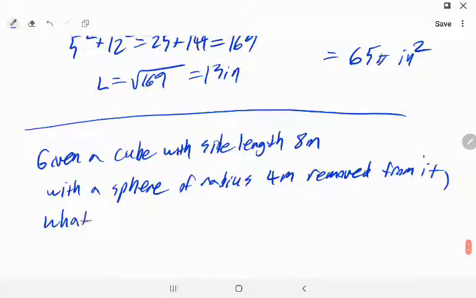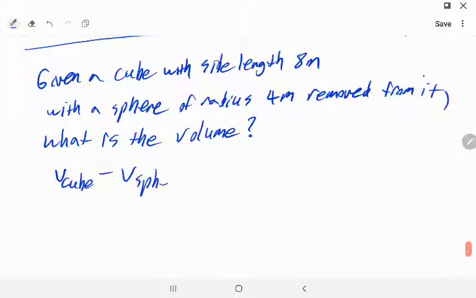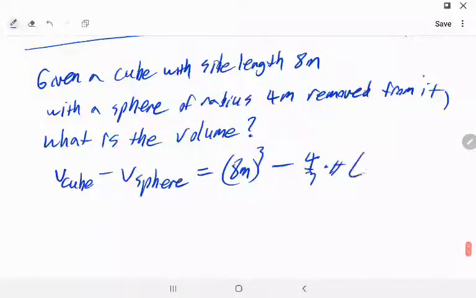That is the volume. We notice that we're really just thinking of the volume of the cube minus the volume of the sphere. And so we're going to wind up getting 8 meters cubed minus 4/3 times pi times 4 meters cubed.